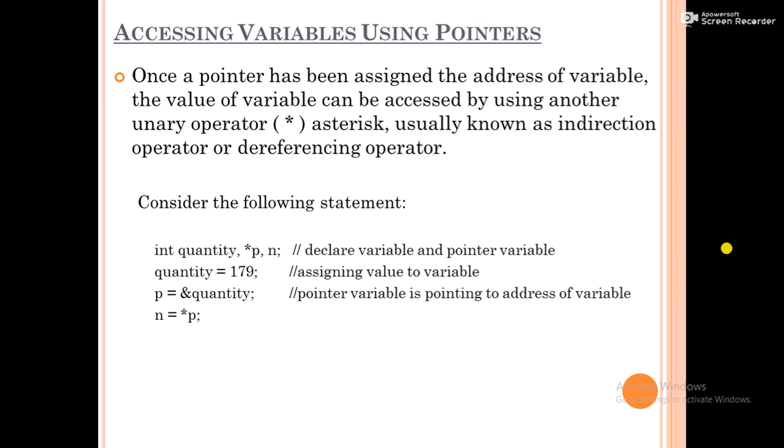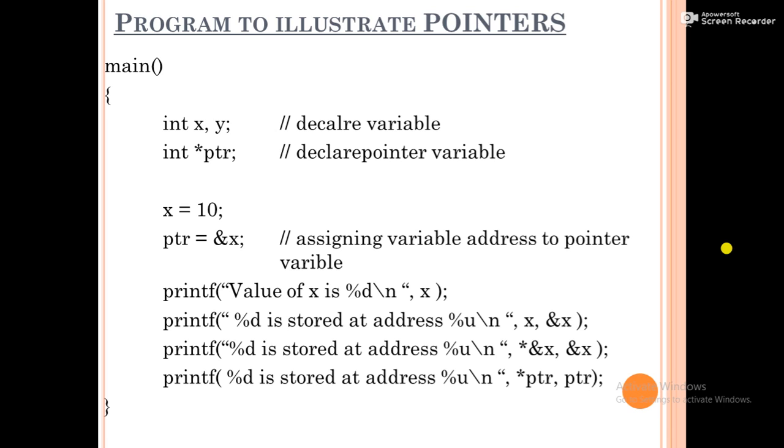To access the value through the pointer, we have to use the asterisk symbol. The next statement, n = *p, means n now has the pointer's value, that is 179.